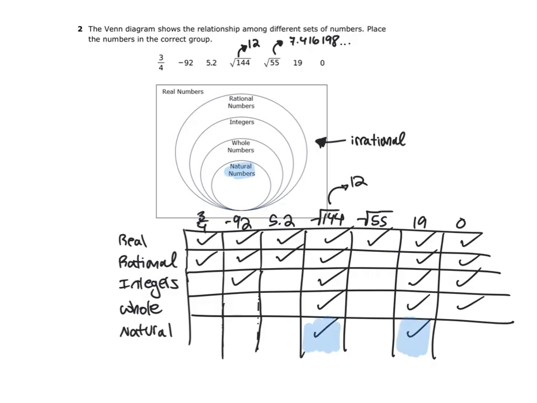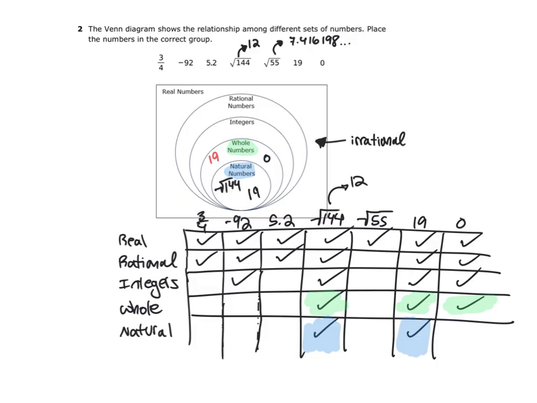So I'm going to start with my two natural numbers. I have 12. Oops, you know what? I should really write that as the square root of 144 because that's what I was asked to do. Square root of 144 goes there and 19 goes there. 0, 19, and the square root of 144 are all whole numbers, but the only one that's going to go in this region is 0 because what would I be saying if I put 19 out here?